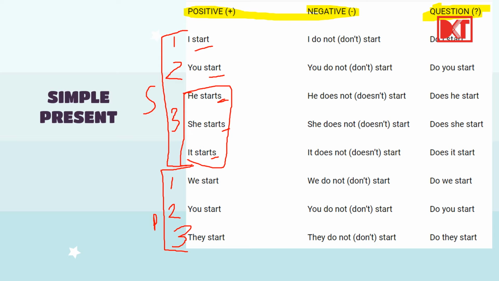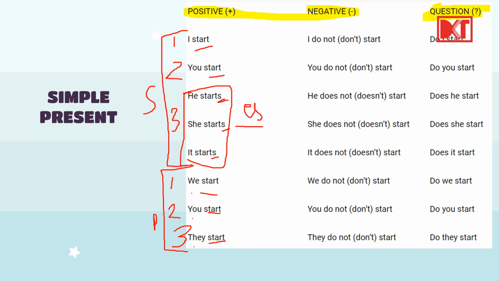Suppose if we would have used another verb like teach, then we would have used es instead of s. So es, teaches, he teaches, she teaches, it teaches. So it would have been es instead of s, for the third singular person. Now for the plural, it remains the same, the subject and the verb, the original form. That is for the positive sentences.